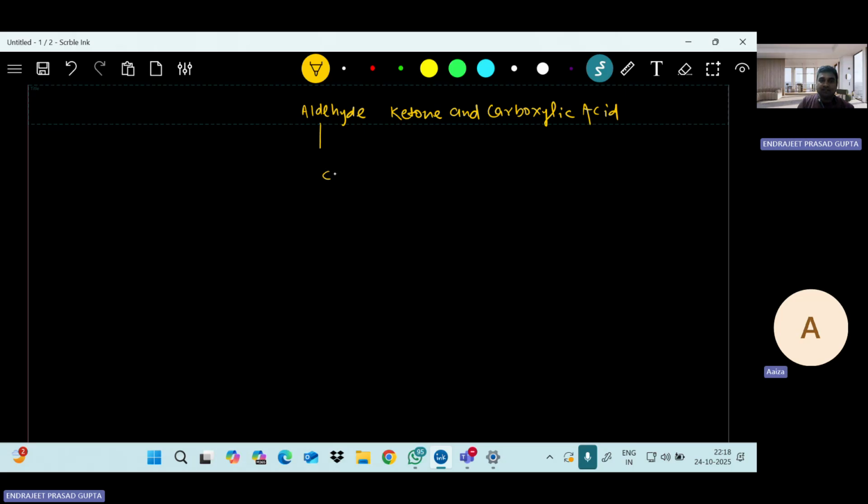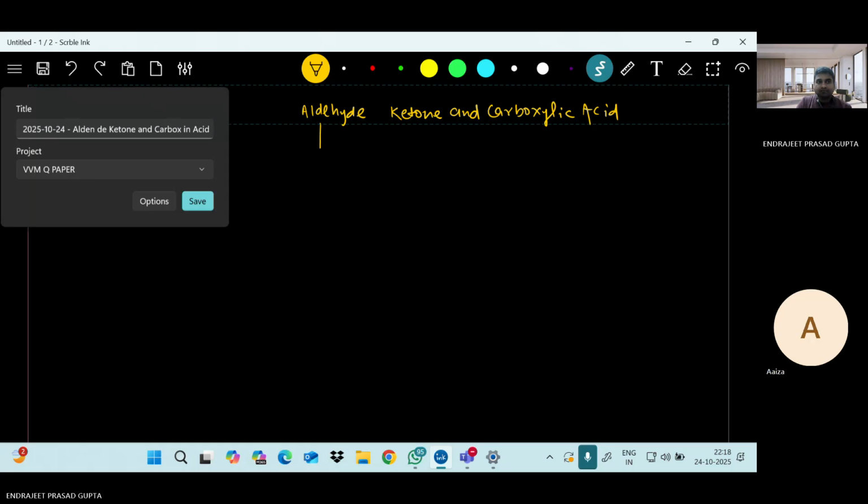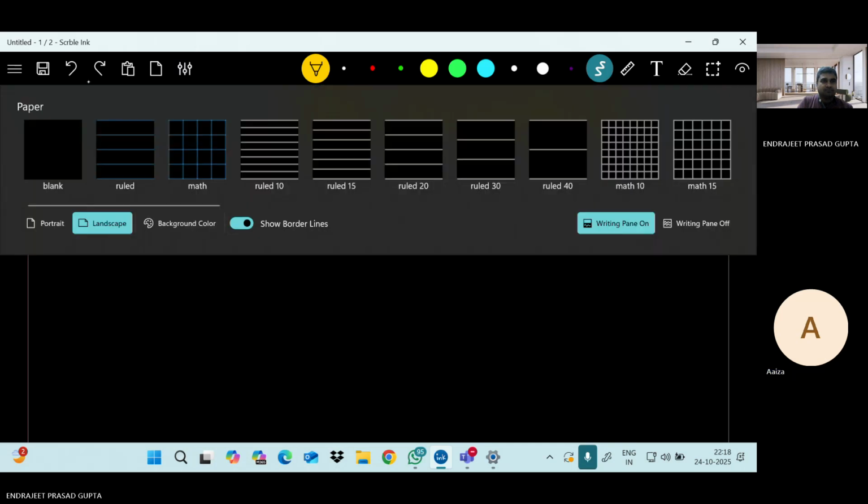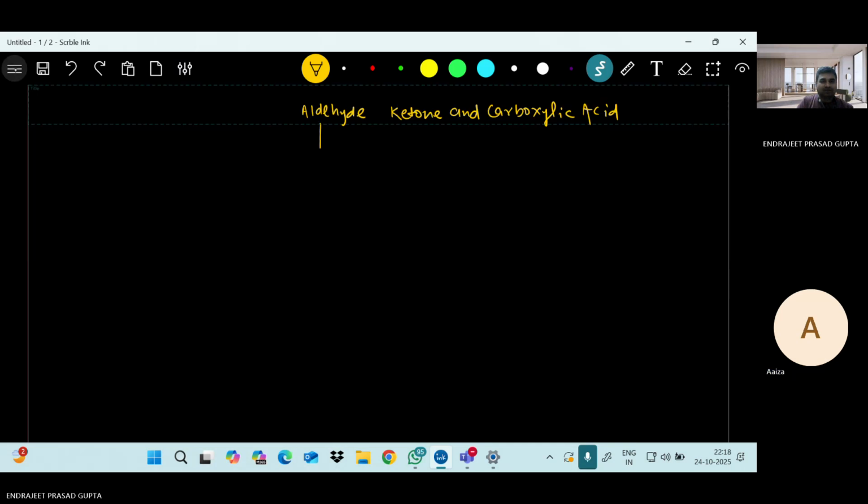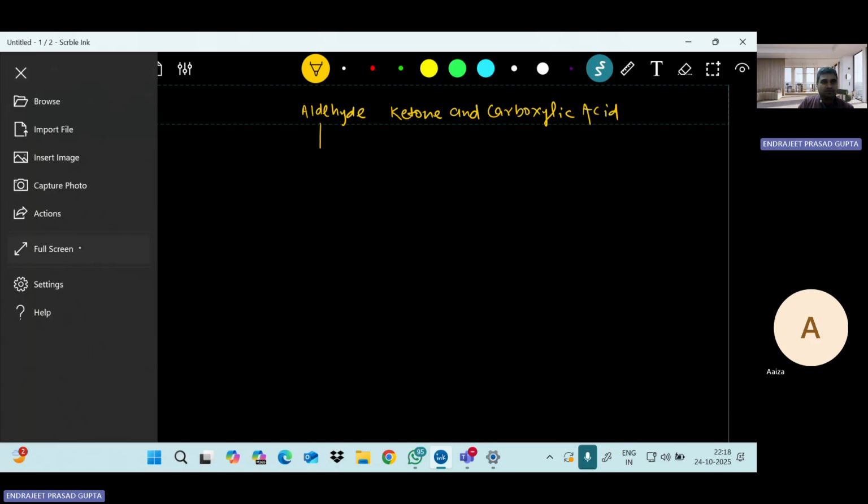Sir, sorry, can you change it to a white background? Because afterwards I can use it for taking a printout or something. So you wanted to take the printout. Yeah, because this black screen is very difficult. So let me change the... how can I change?